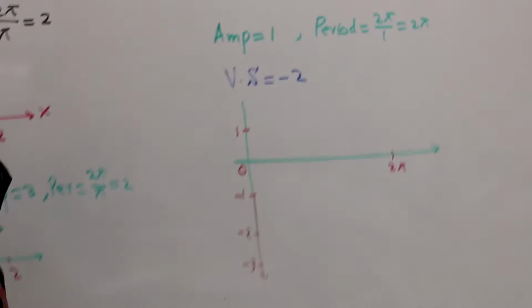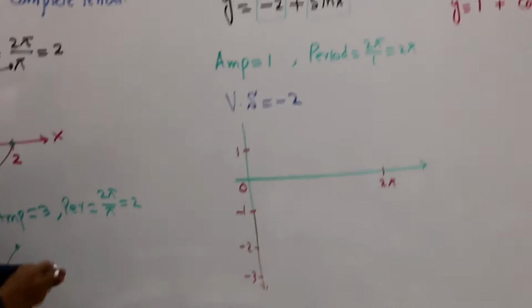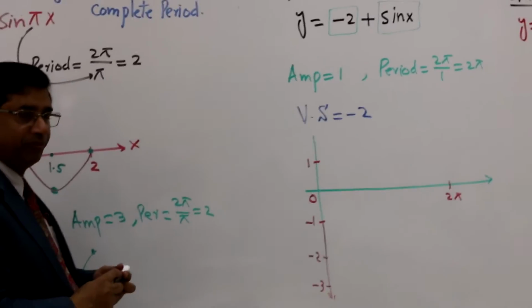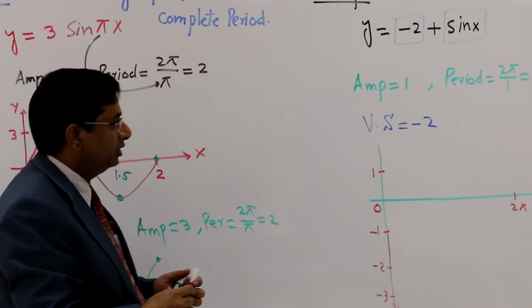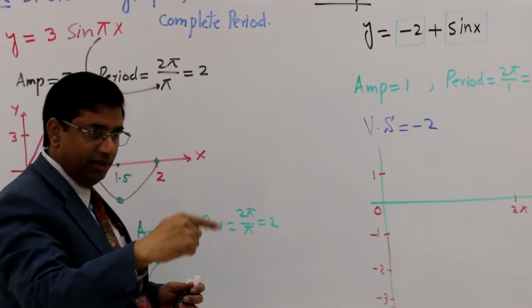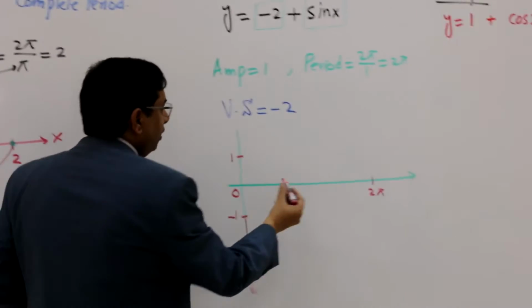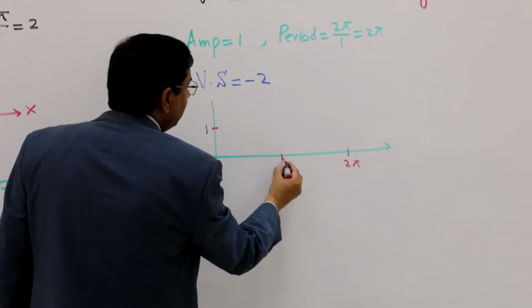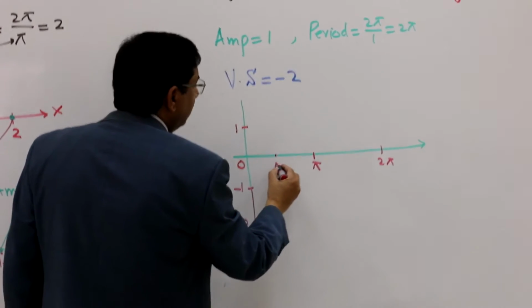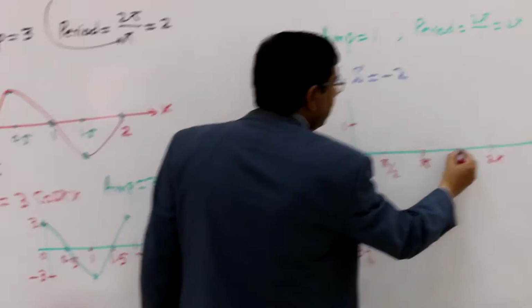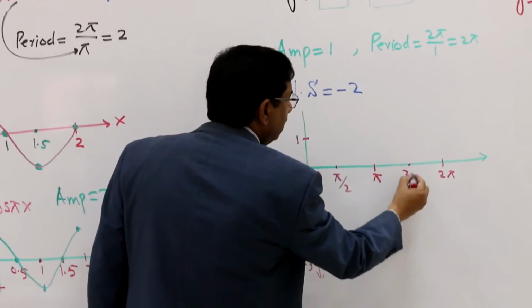Now we complete it. It's the first loop, one complete period. The sine function graph is like an S. Take the midpoint, which is π, the midpoint of the first half, π over 2, and the midpoint of the second half, 3π over 2.